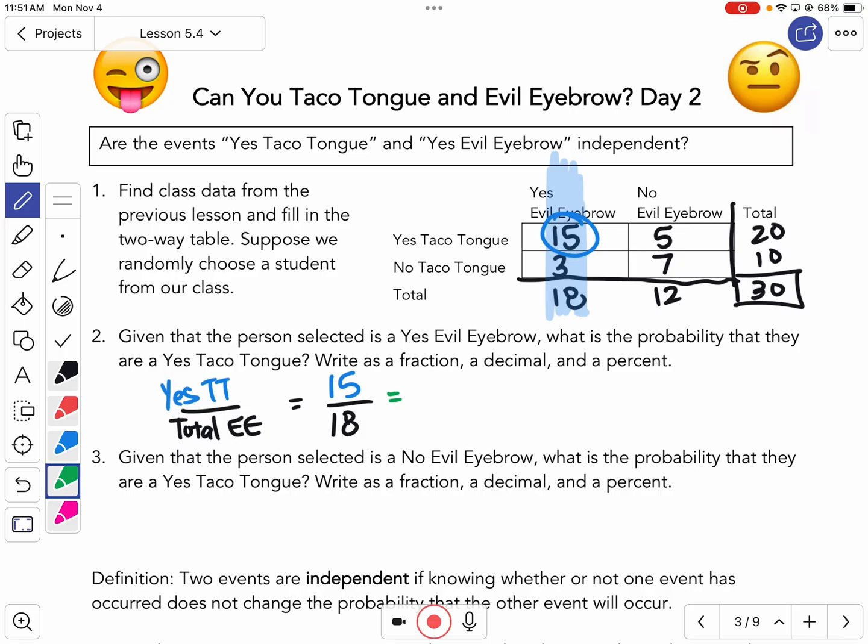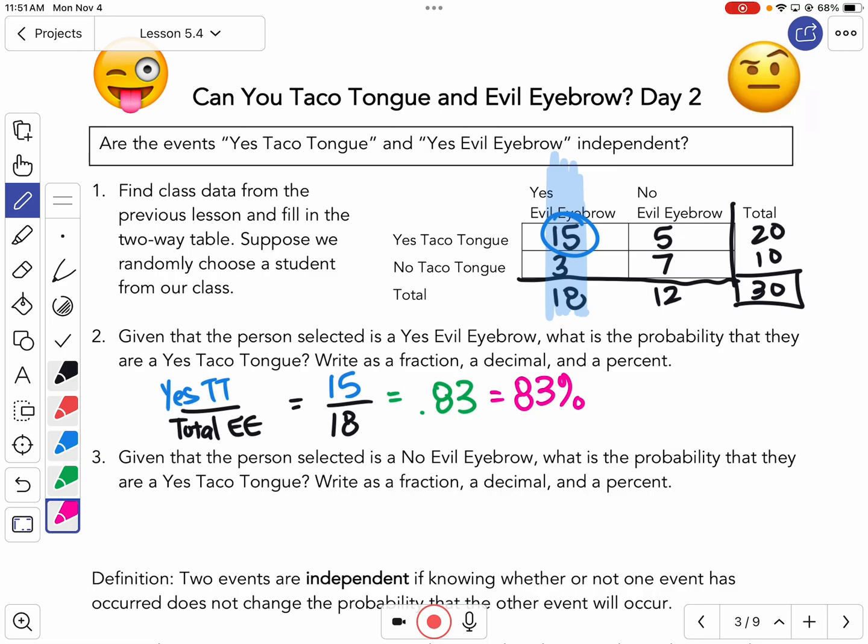Divide. So that's 0.83, repeating. And then that would give me about 83%. So a fraction, a decimal, and a percent. We're changing the denominator, and we're no longer considering the total number of students. We're considering just the total people that can do evil eyebrow.